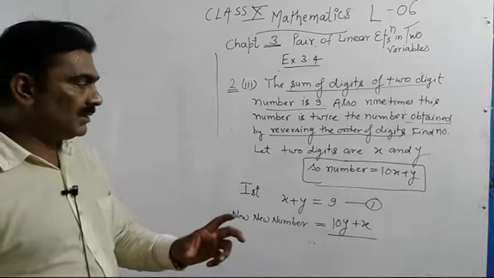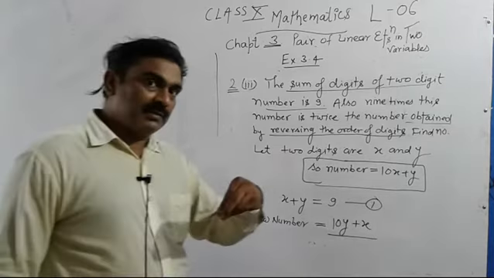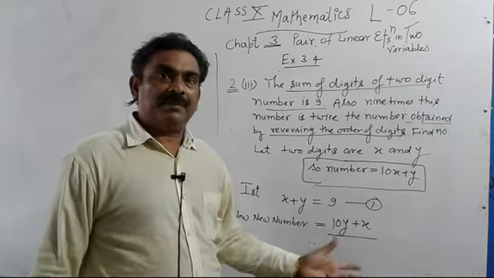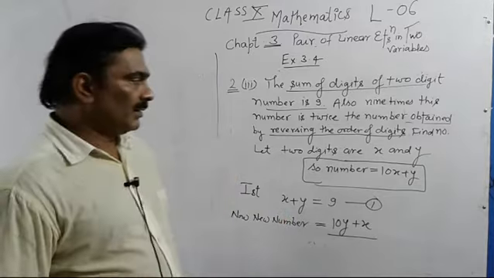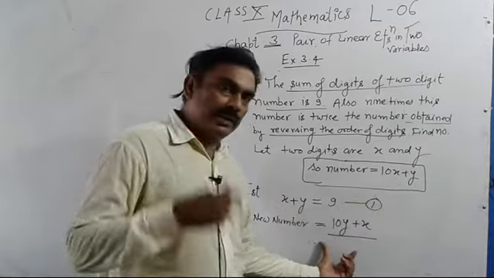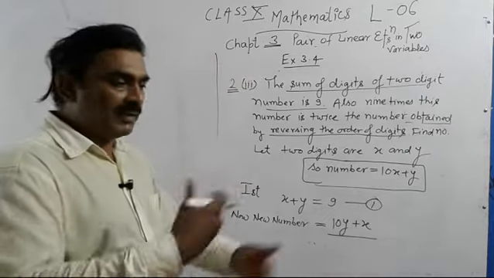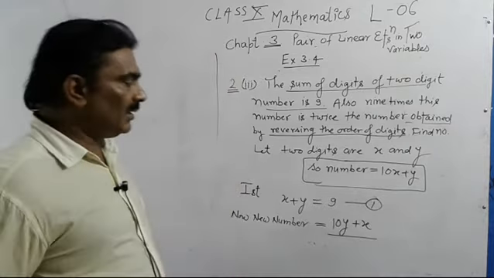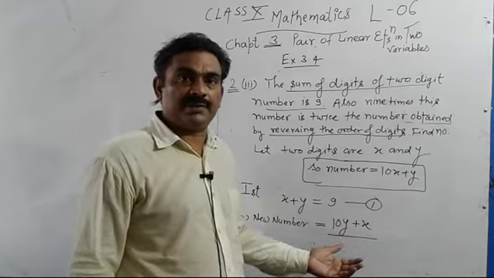Reversing means changing unit place and 10th place with each other. So this is the initial number, which is the main number, and this is the new number obtained by reversing the order of digits. Here we have changed the order of digits.